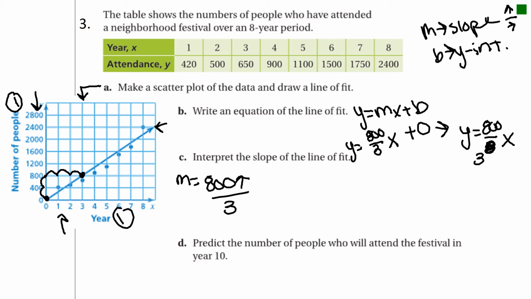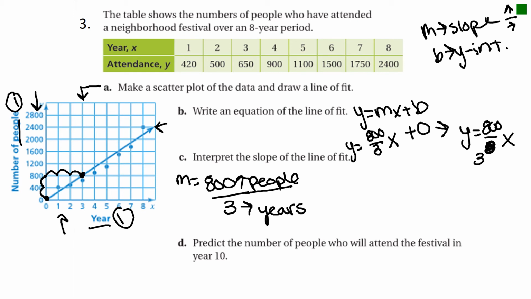Remember, that means rise, and that means run. That means 800 people per 3 years. That's what it means.